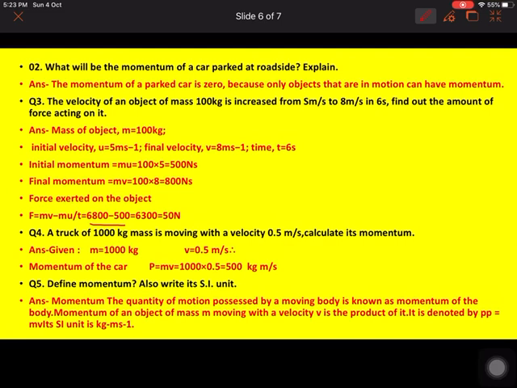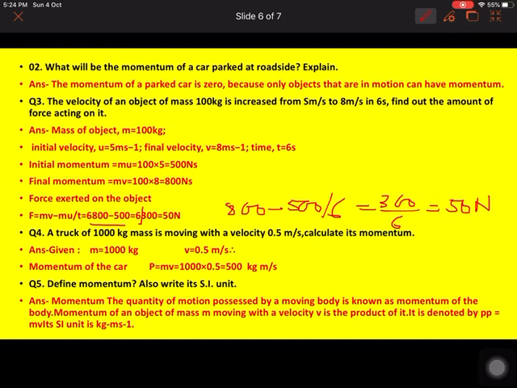Here you have to write (800 minus 500) divided by 6. It comes out to be 300 upon 6 equals 50 Newton. So this is the answer.